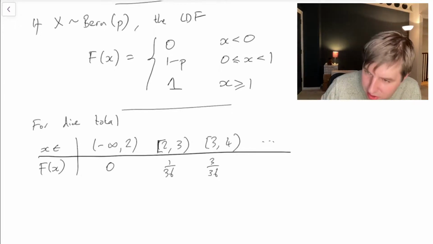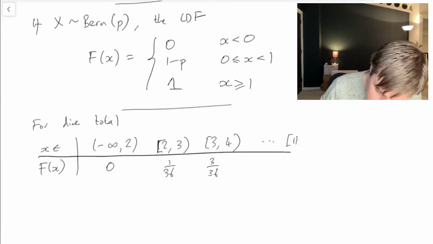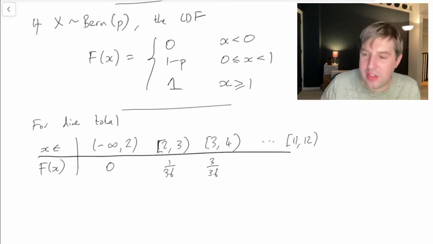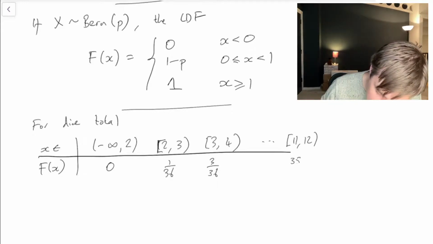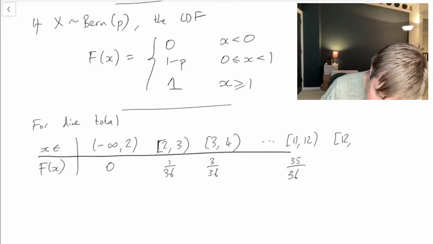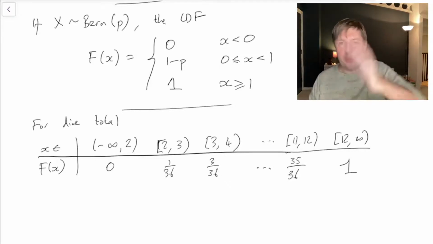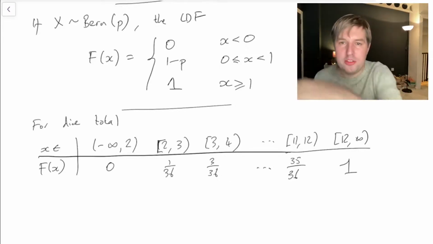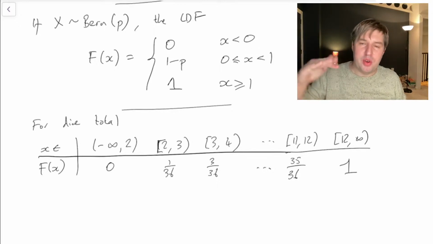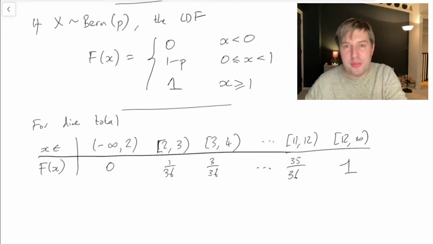And so on, all the way up to the probability of being less than or equal to, say, 11.5, which is anything except a double 6. And then above 12, you're certain. So again, you have this stepwise behavior where at each of the possible outcomes, you increase a bit and then go flat. There's a picture of what the CDF looks like in the notes if you want to see it.